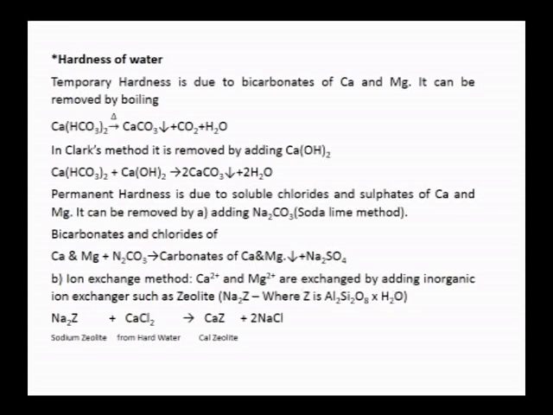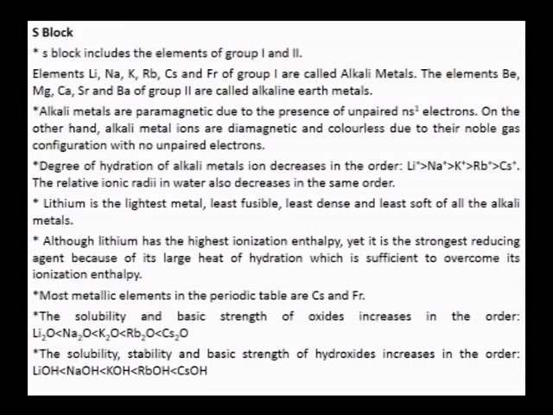When it is added to hard water, the calcium ion present in the hard water replaces sodium to form CaZ, and thereby the permanent hardness of water can be removed. And the S block mainly consists of the elements of group 1 and 2.